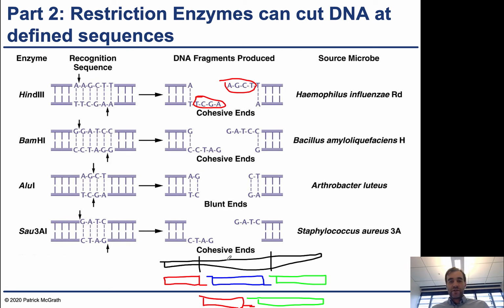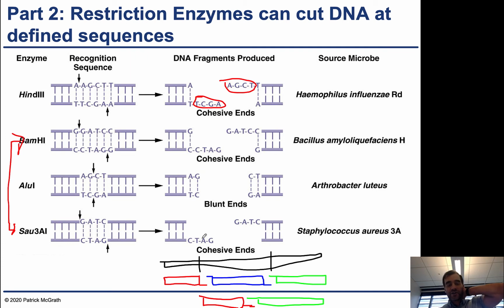But you can also do this not only with HindIII, so if we cut with HindIII, but you'll also notice that some of these enzymes are compatible with each other. They produce the exact same overhang. So BamHI and Sau3AI have a somewhat similar recognition site, where Sau3AI recognizes GATC and BamHI recognizes GGATCC, but they both produce the exact same overhang.